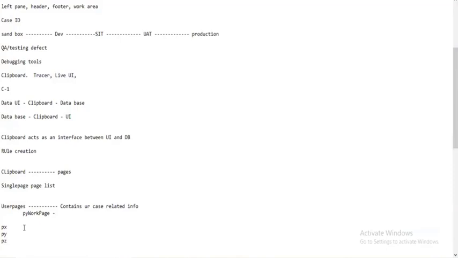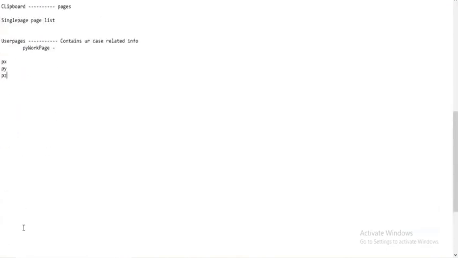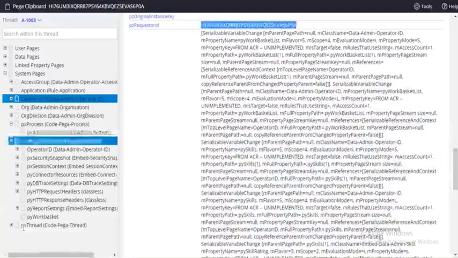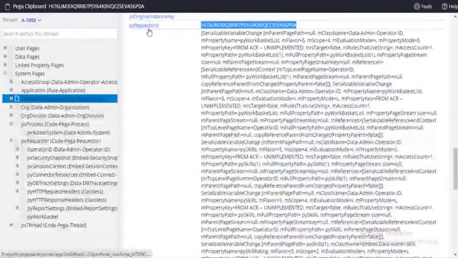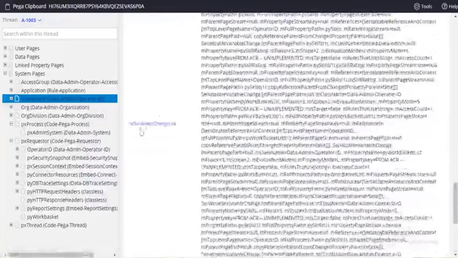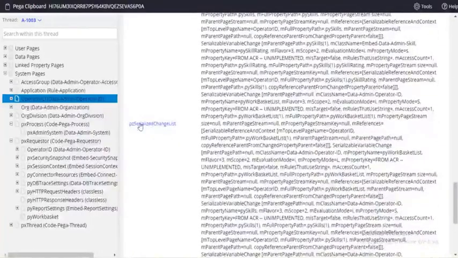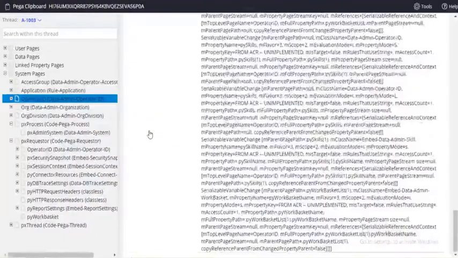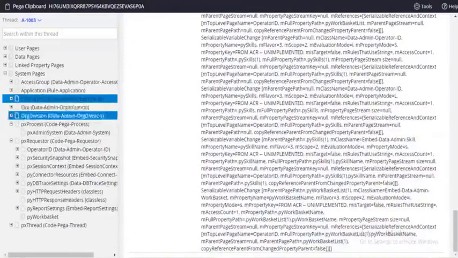You might observe there are a few PX, PY and PJ properties. A few are PJ properties, like pjRequesterID, pjOriginalInstanceKey, pjSerialized, and so on.